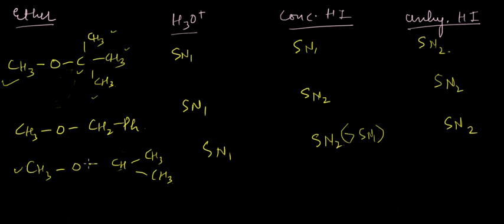Okay, let's talk about this case. Here if you form a positive sign here, after this O gets H attached to itself, and we actually break this bond, then this carbon atom will be getting positive charge, and this is a 1-degree carbon atom only. So SN2 would be more preferred over SN1.